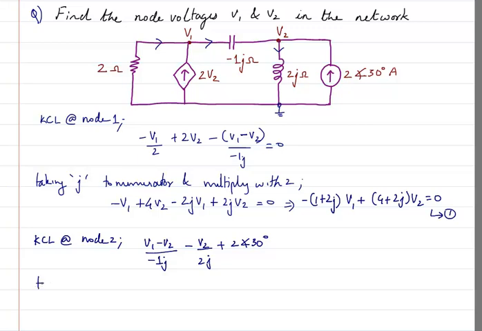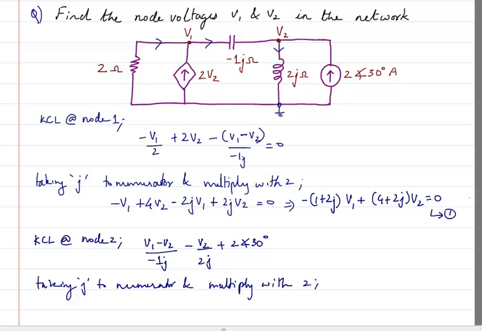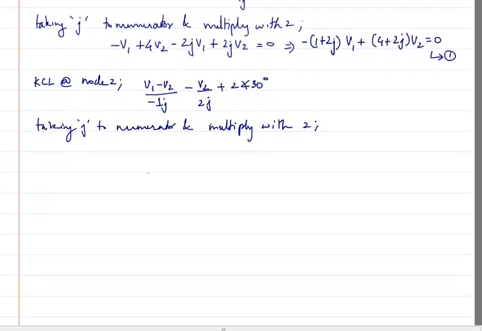So taking j to numerator and multiplying, what is remaining? 2 and minus 1, so I can multiply it with 2. In that case, if I take this one to the top, I will get plus j, so plus 2j.